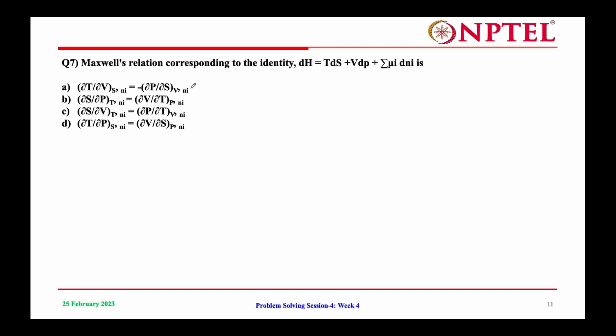Here are the Maxwell relation questions. The Maxwell relation corresponding to the identity dH is equal to TdS plus VdP plus summation of ui dni is. Here ni indicates the compositions.